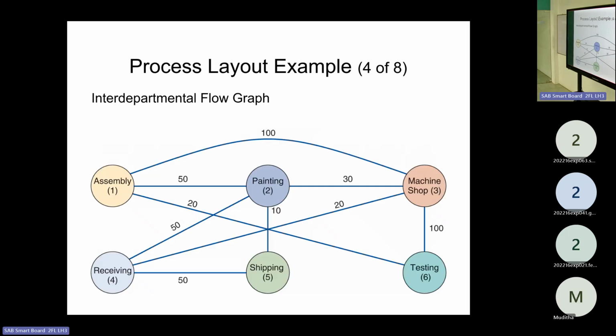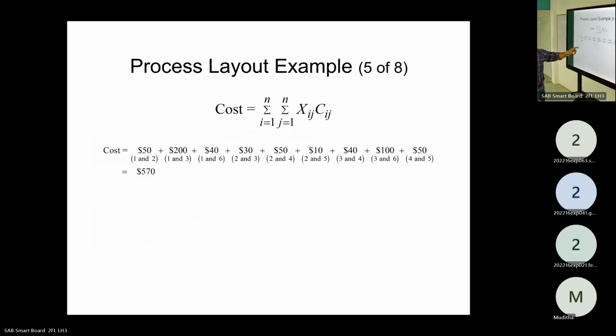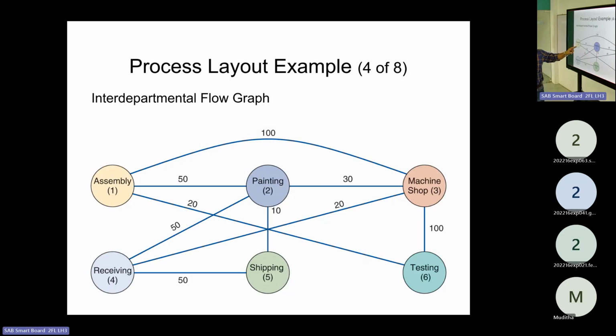So for an example, between 1 and 2, adjacent departments, $1 per load. So between 1 and 2, $50. When it comes to 1 and 3, from here to here $1 plus $1 here, so $2 per load.